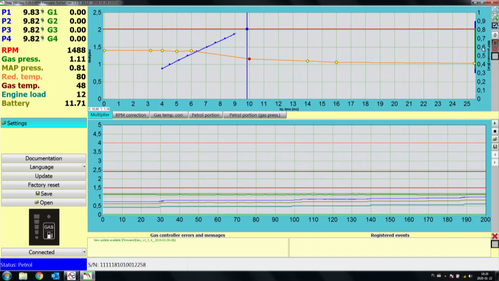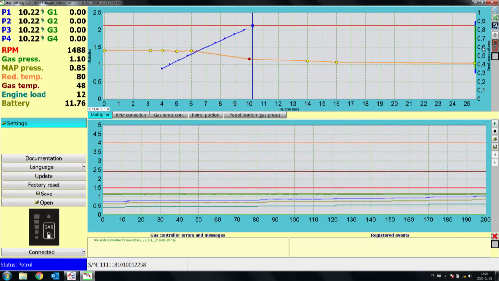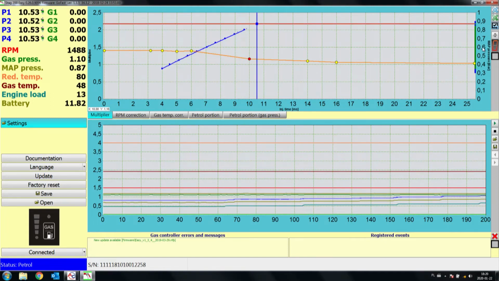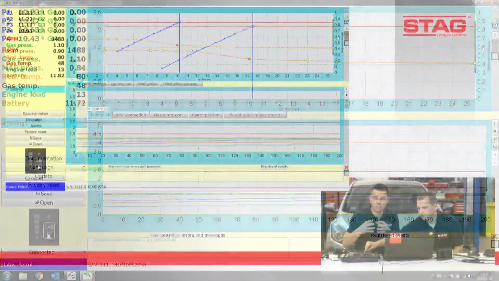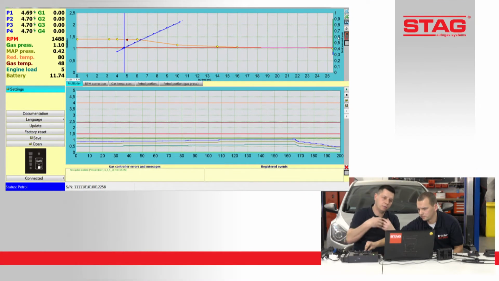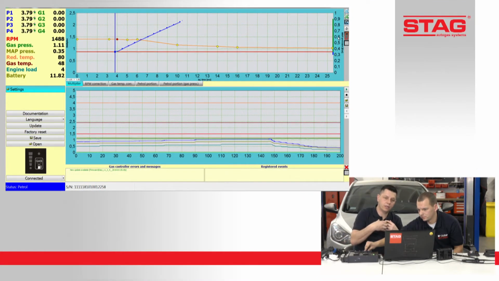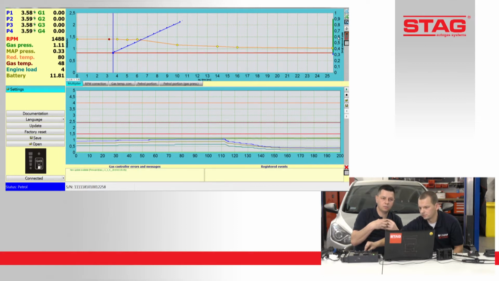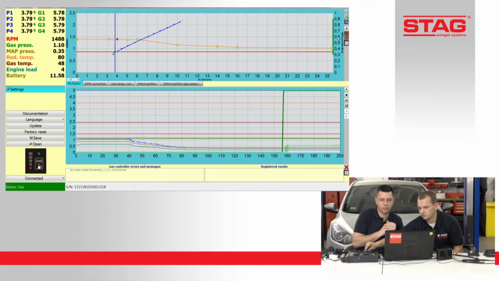It is very important because you can use this function to simulate the same conditions when the car is working on petrol and then when it is working on gas. As you can see, our system recognizes and remembers the injection time depending on the pressure in the manifold, depending on the load of the engine.